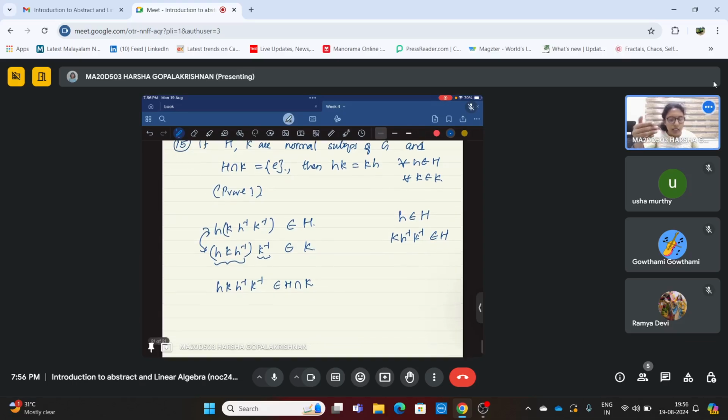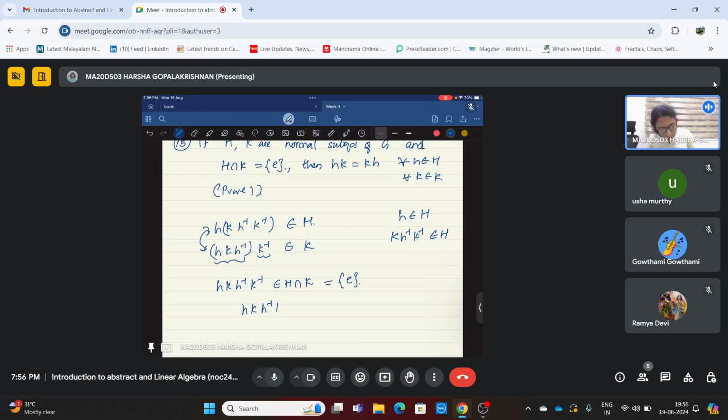And what we got in the question, H intersection K is just the identity element. So if some element belongs to H intersection K, which is just the identity, what we can conclude: h k h inverse k inverse equal to just the identity.